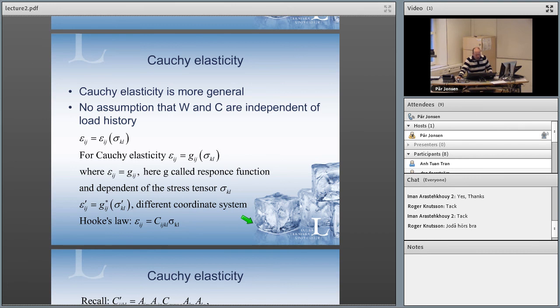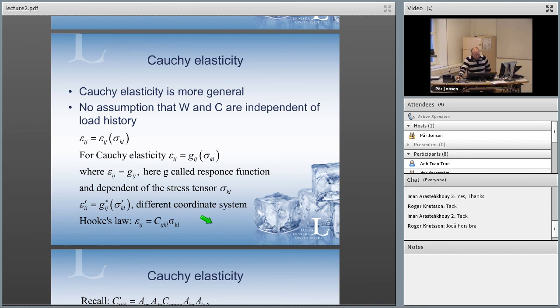Usually in the book they write it like this, that the strain tensor is calculated with a G dependent on the stress tensor. In the book they call it the response function. And it's dependent on the stress tensor, as you can see in the equation above here.